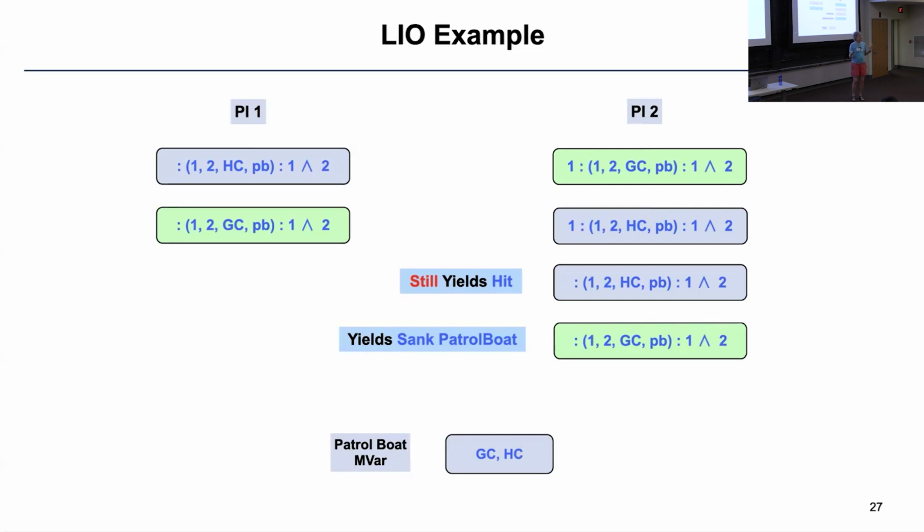It only gets one go at this, but it could first ask player interface 1 to declassify HC and then GC. Player interface 1 may think that's the order in which the shooting is happening, but player interface 2 could run the DC actions in the other order, and that would tell it that HC was part of the patrol boat, the one where we did the sinking. That would give us information that we're not entitled to.